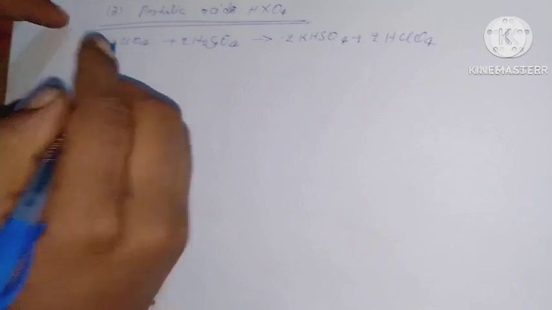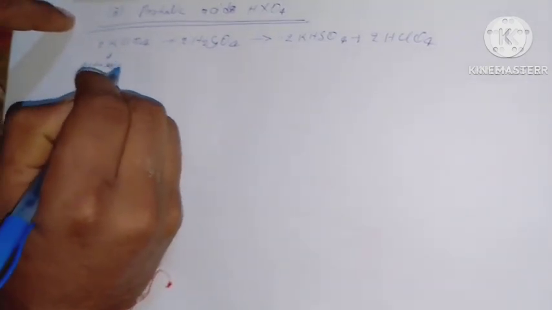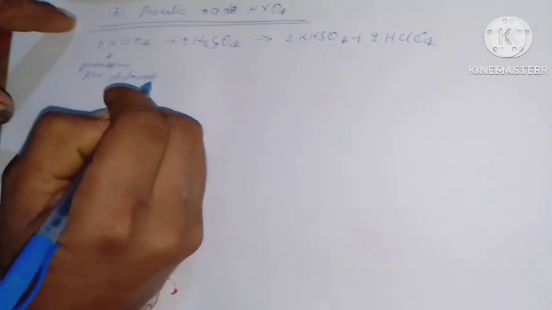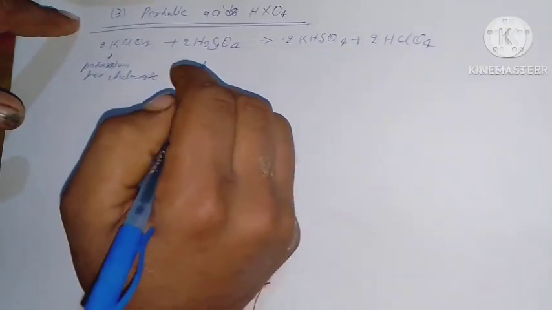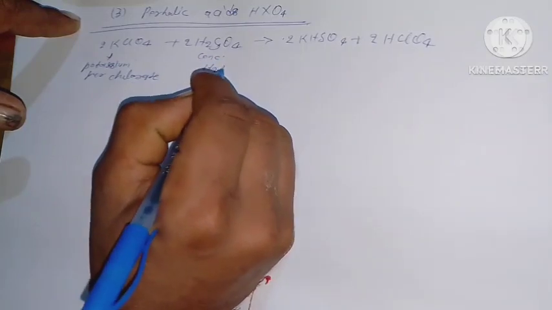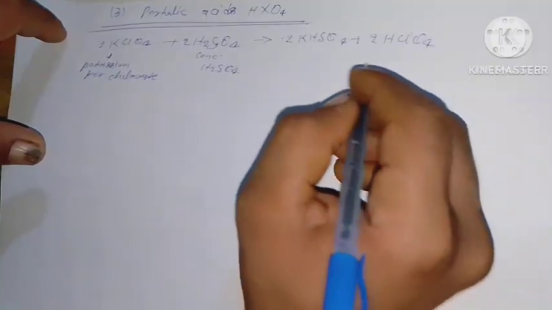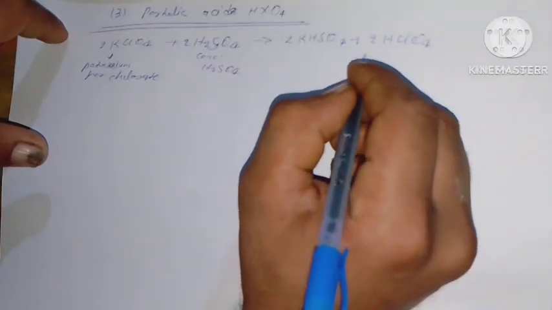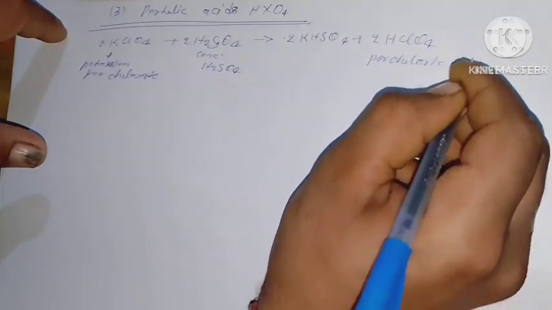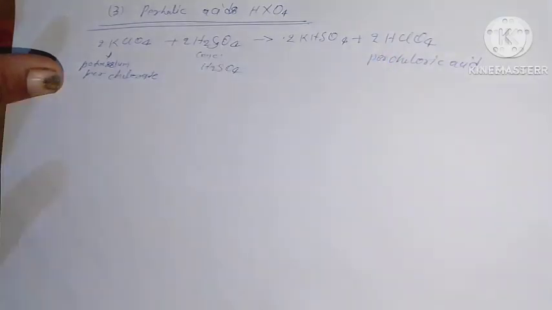When potassium perchlorate is heated with concentrated H2SO4, perchloric acid is formed.